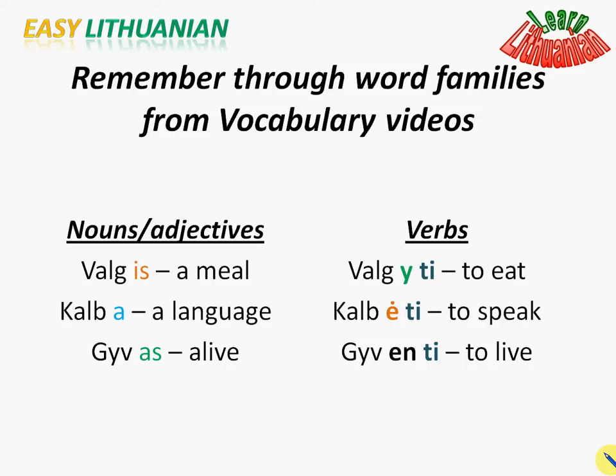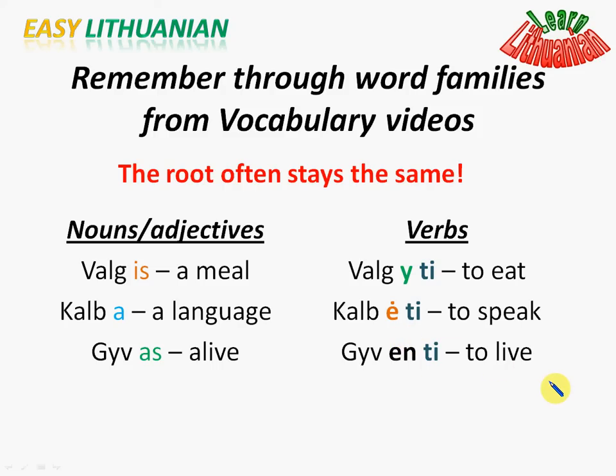Kalba, a language. The ending is a, kalba. And the verb is kalbėti. You add the suffix ė and t, kalbėti. Kalba, kalbėti. There is the adjective gyvas, the ending is as, gyvas, alive, and the verb is gyventi, an, the suffix an, gyventi, to live. So the root often stays the same.